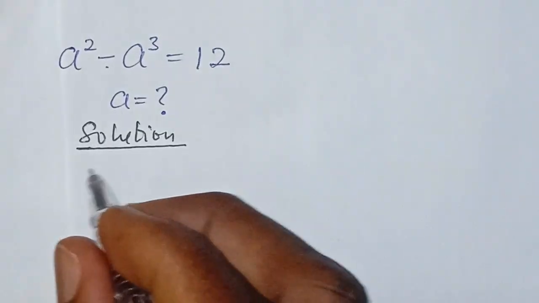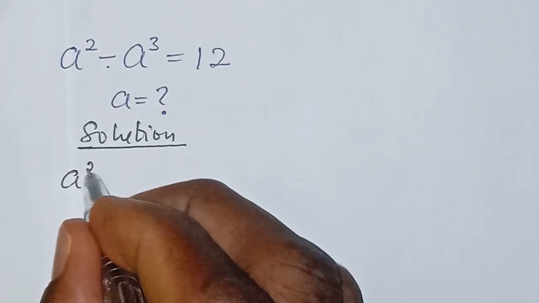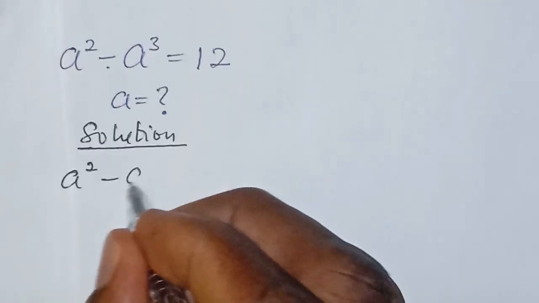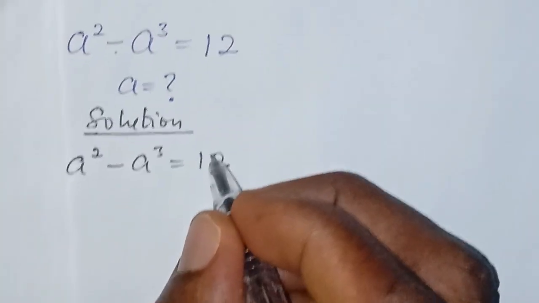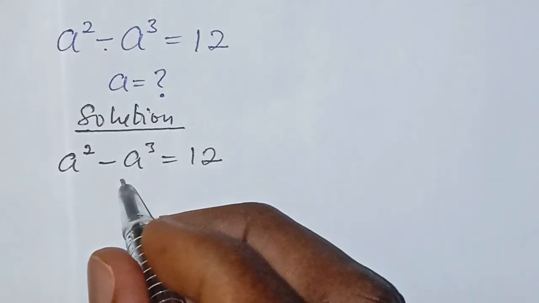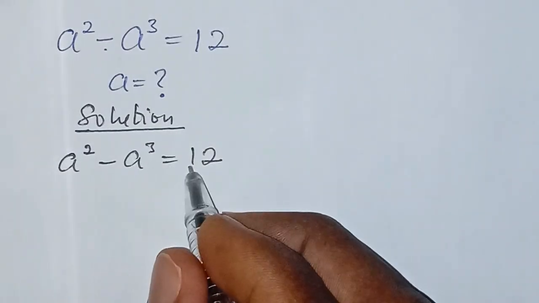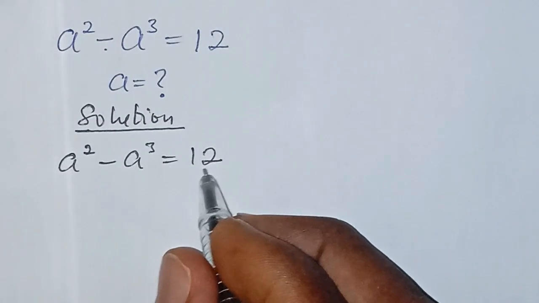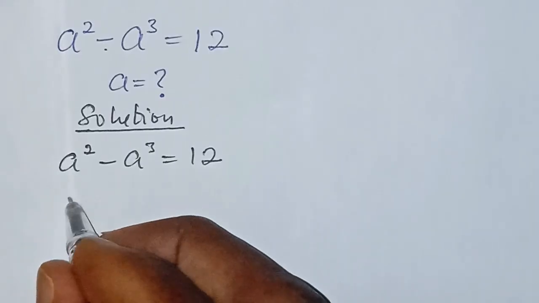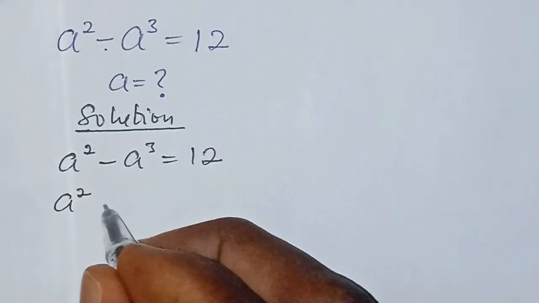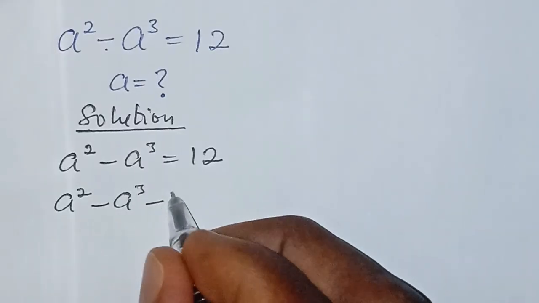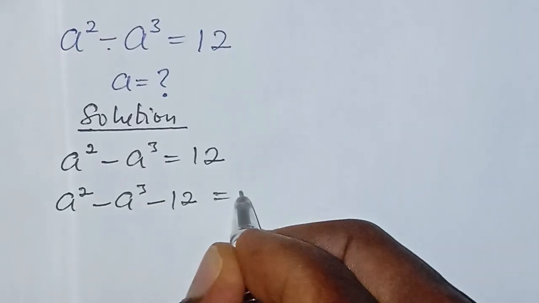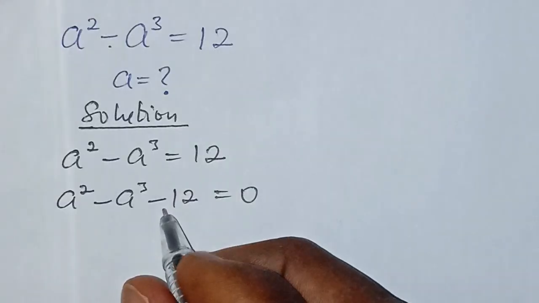So we have our question: a raised to the power of 2 minus a raised to the power of 3 equals 12. Now we need to simplify this by moving the 12 to the left hand side. a raised to the power of 2 minus a raised to the power of 3 minus 12 will now be equal to 0.